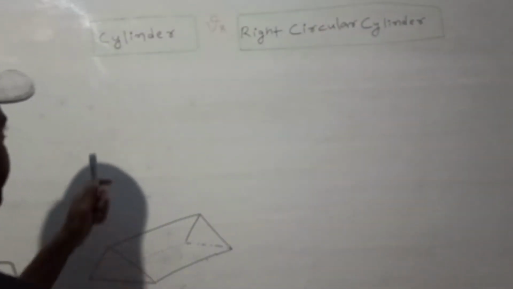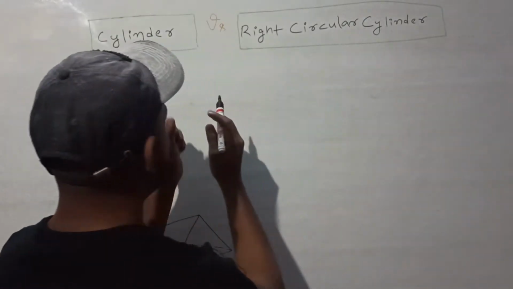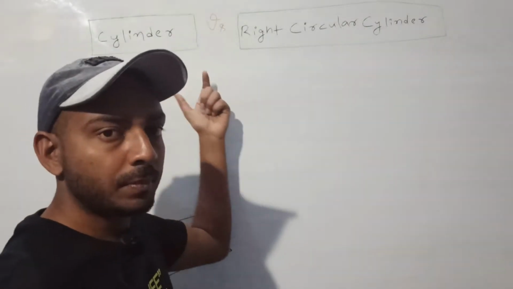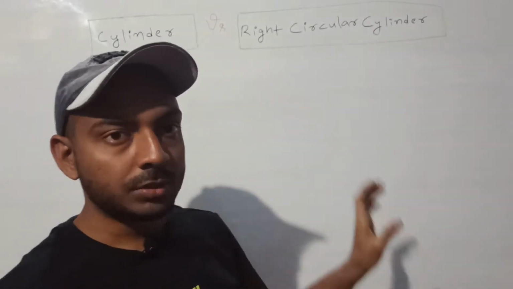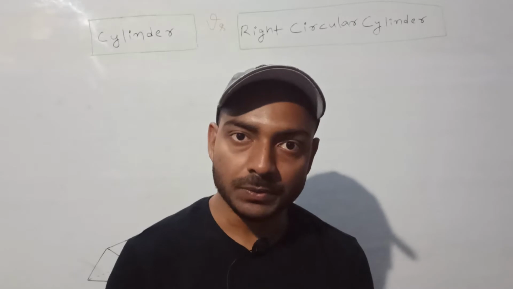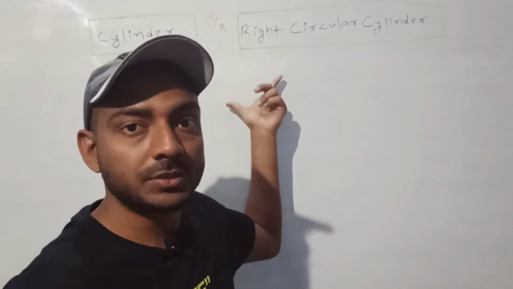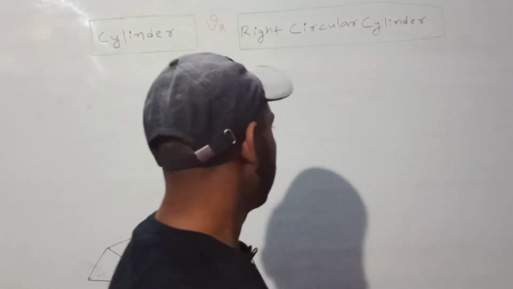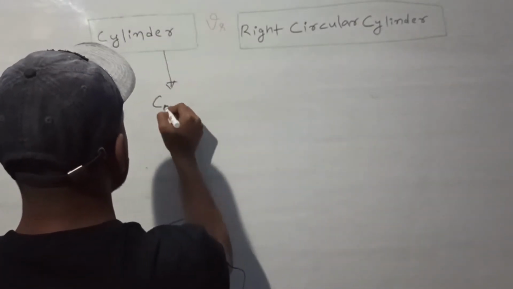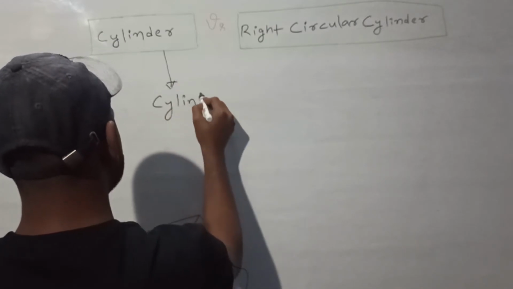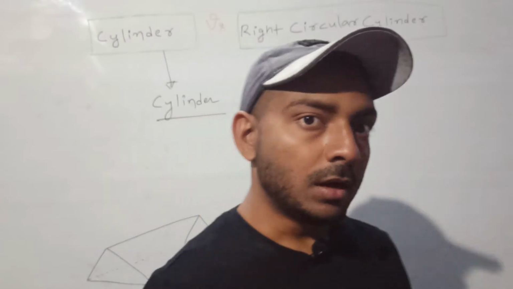Now, at first let me define a cylinder, and after defining these two, you all will be able to differentiate between these two terms yourself. Okay, now what is a cylinder?